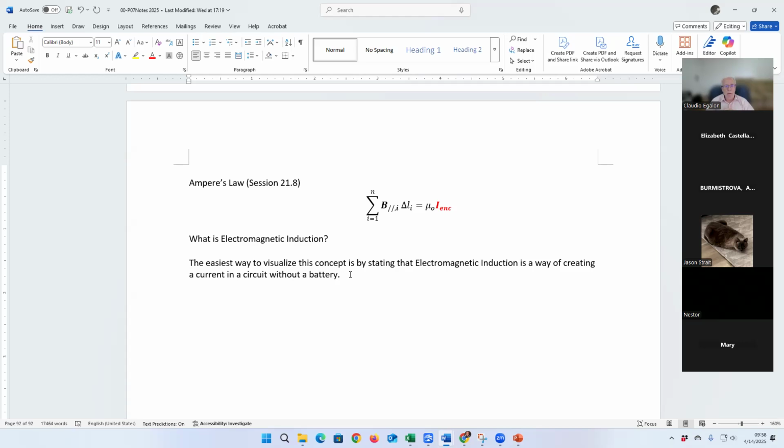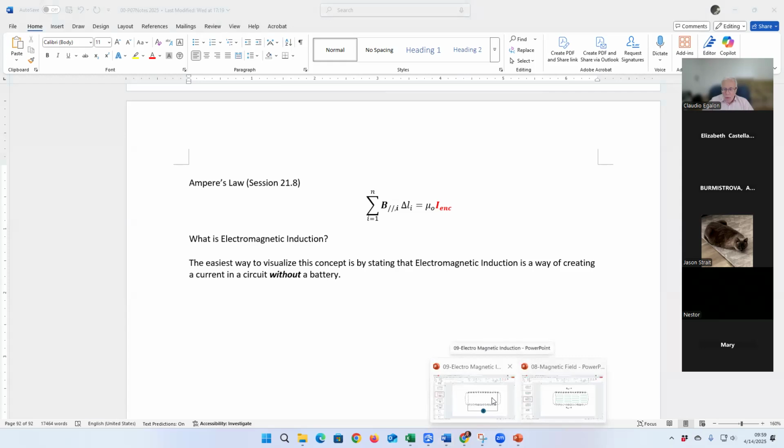Somehow we can induce a current in a circuit without a power source. Let's put a battery. And there's more than one way of inducing a current in another circuit, so let me illustrate that for you.